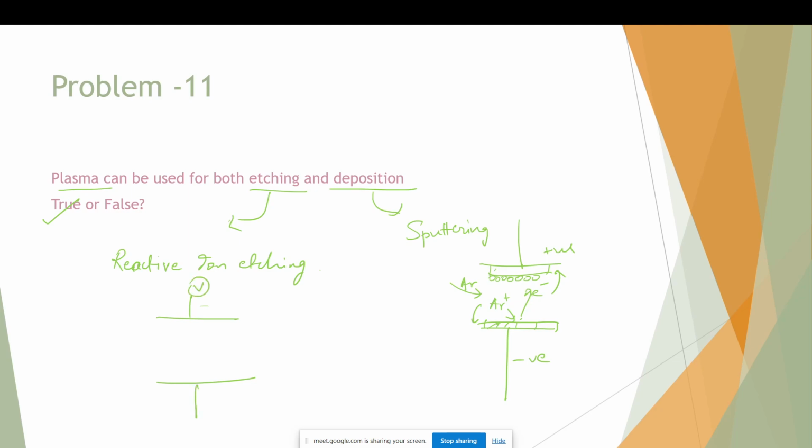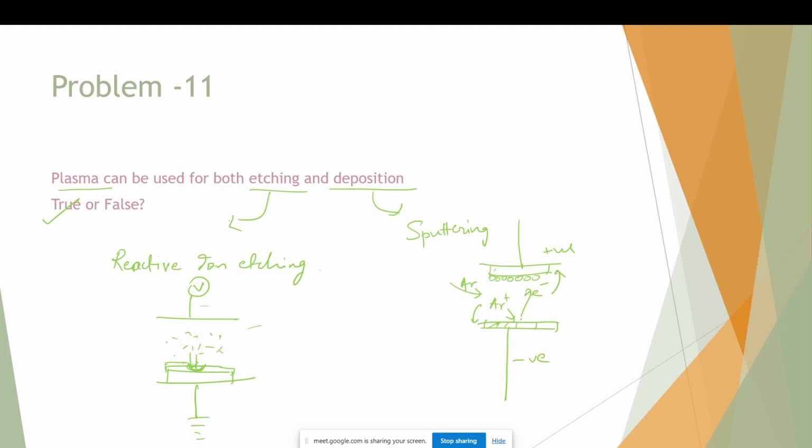Basically, give some voltage, and then this voltage will produce some plasma of a reactive gas. This gas need not be argon, it will usually be some fluorine chemistry, chlorine chemistry, some recipe that will be optimized for the substrate that you want to etch. So these ions will bombard the substrate and etch away the substrate.